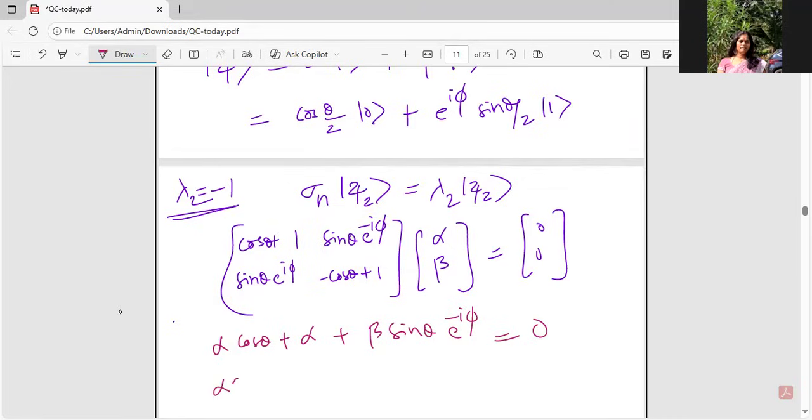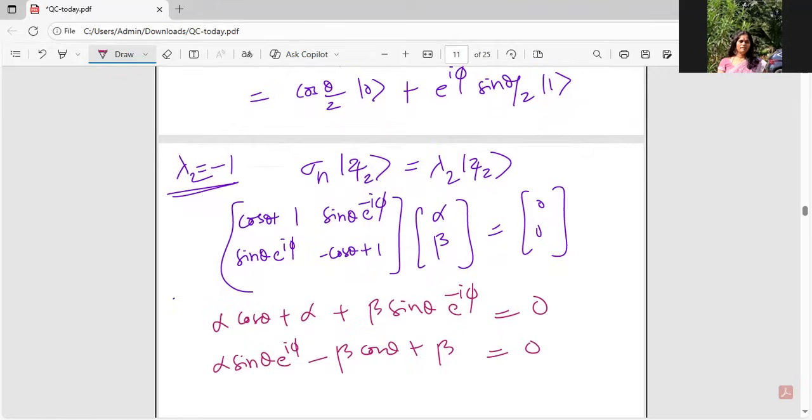Another version is alpha sin theta e power I phi minus beta cos theta plus beta is equal to 0. This is another version. Now again the same thing, guys. I write all alphas to one side, I write all betas to the other side. Just check what happens.